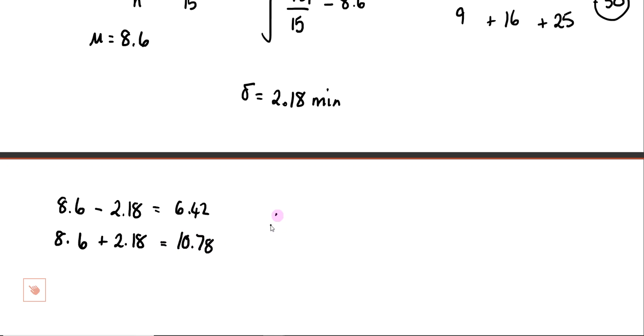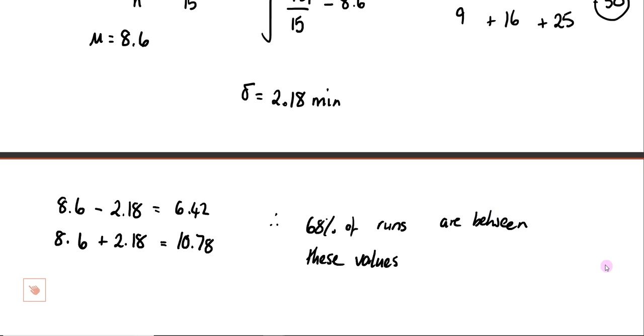And they're saying, therefore, 68% of runs are between those values. Where does that come from? The IQR? No. That thing with a massive title, so I ought to know what it's called. The normal distribution. Okay? Do you remember?